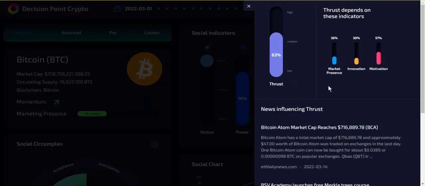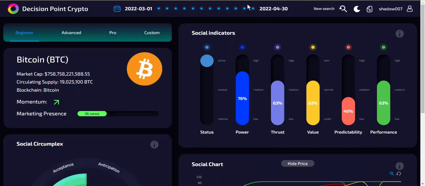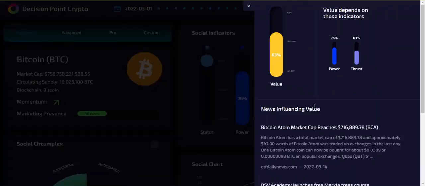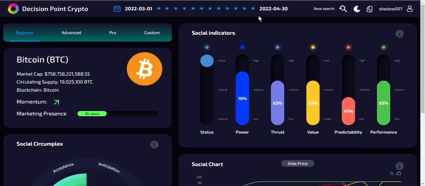Thrust depends on these indicators: market presence, innovation, and motivation. I think we looked at that before. The value depends on these indicators, power and thrust. So as you look at the power of the coin as well as the thrust of the coin, you get a combination of what these two mean to it.